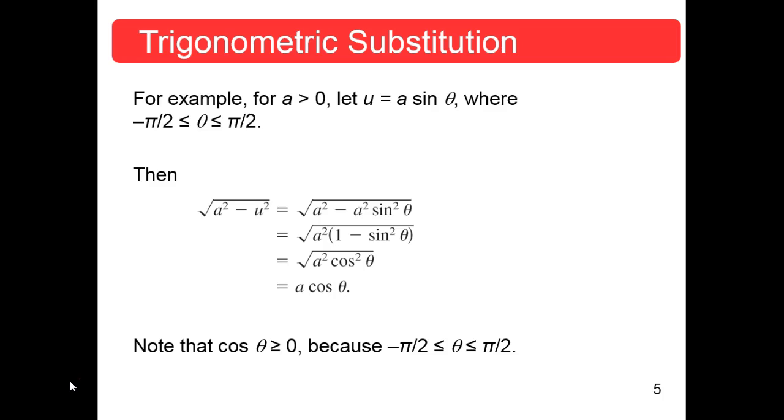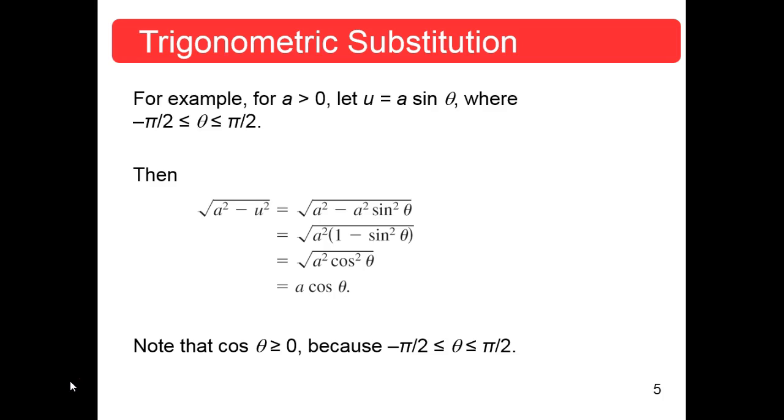Now, they also put this in here, where theta is between minus pi halves and pi halves. Anyone think of why they might have that in there? It keeps it from being negative.